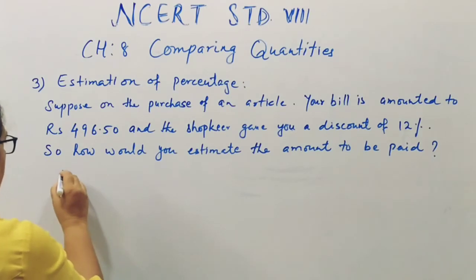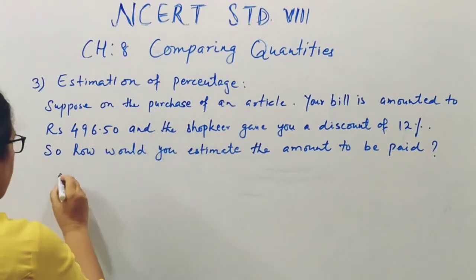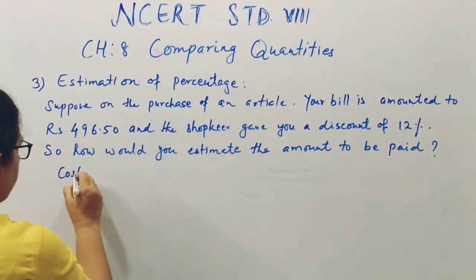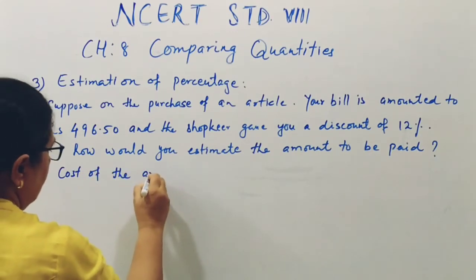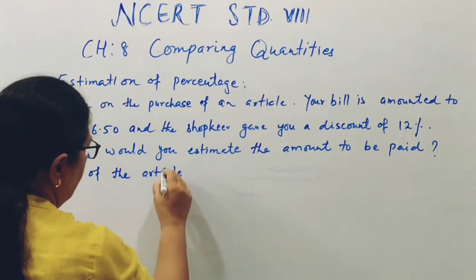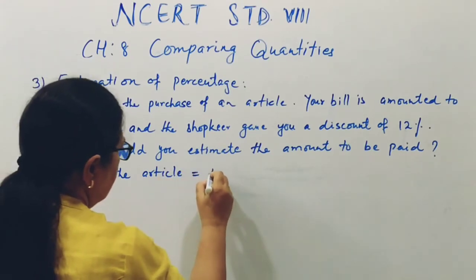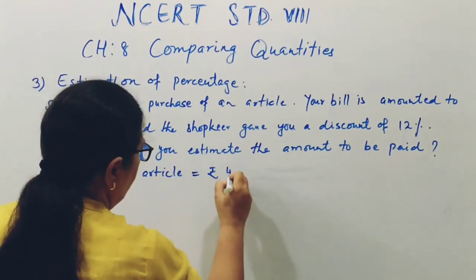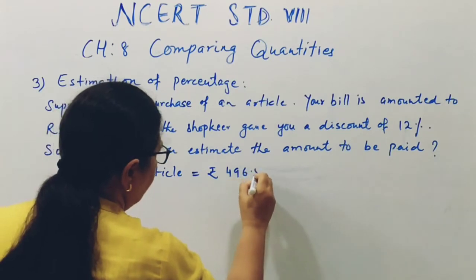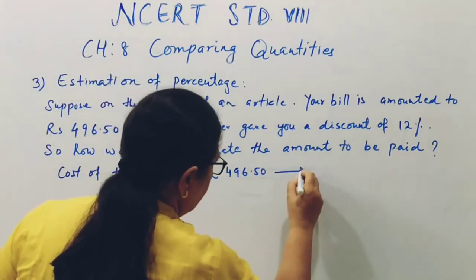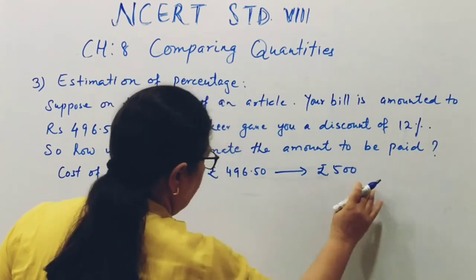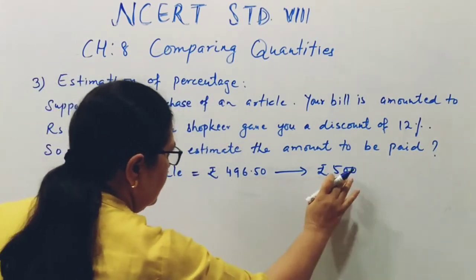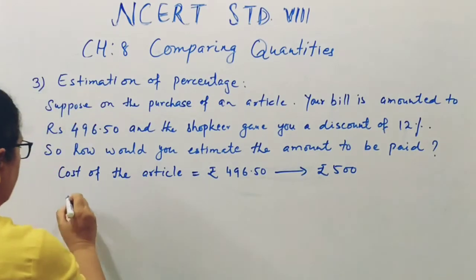Here the cost of the article is equal to rupees 496.50. We can estimate it to rupees 500 because this number is very near to 500.